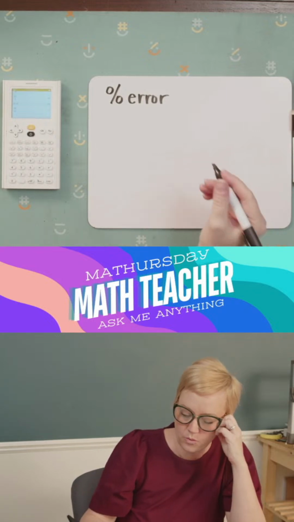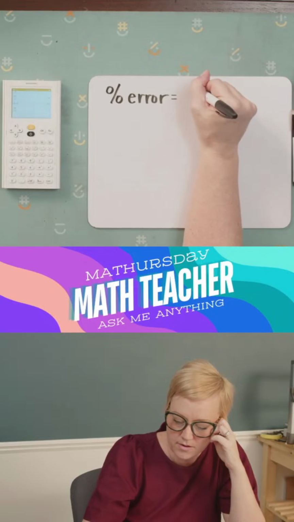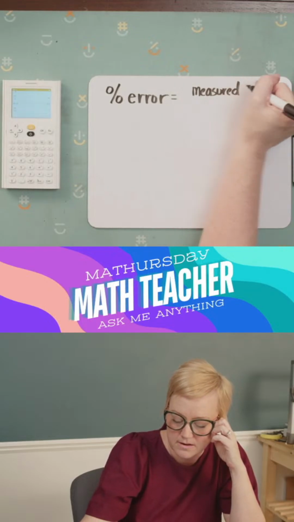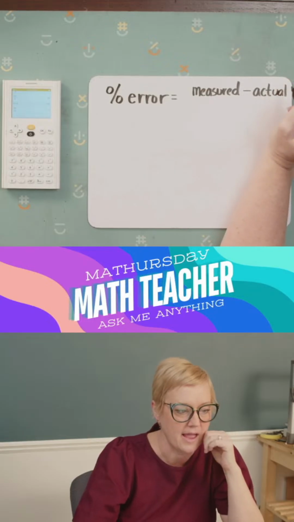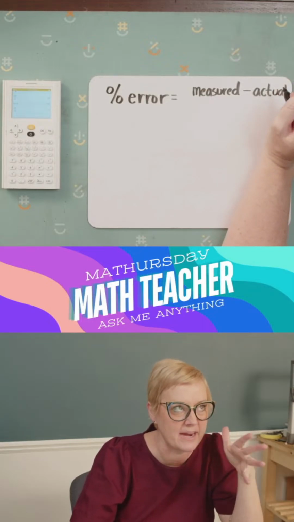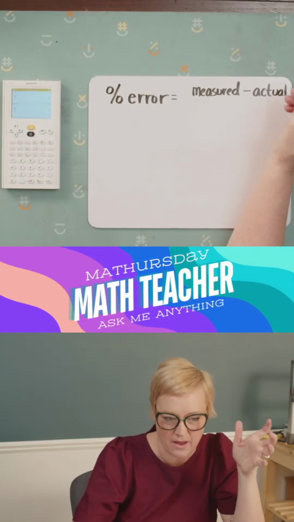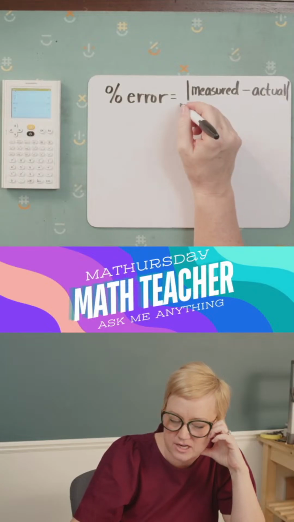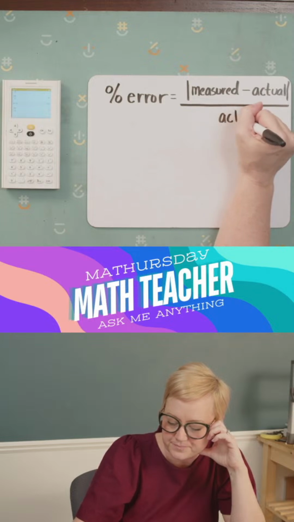So what you do is take your measured value minus your actual, or expected or exact. The percent error is measured minus actual divided by the actual value.